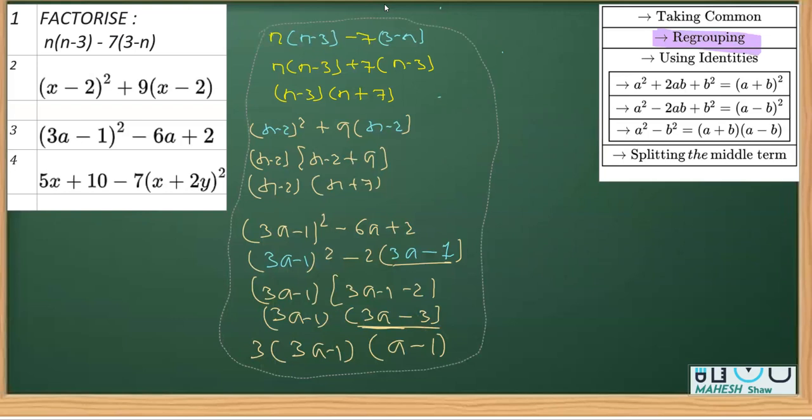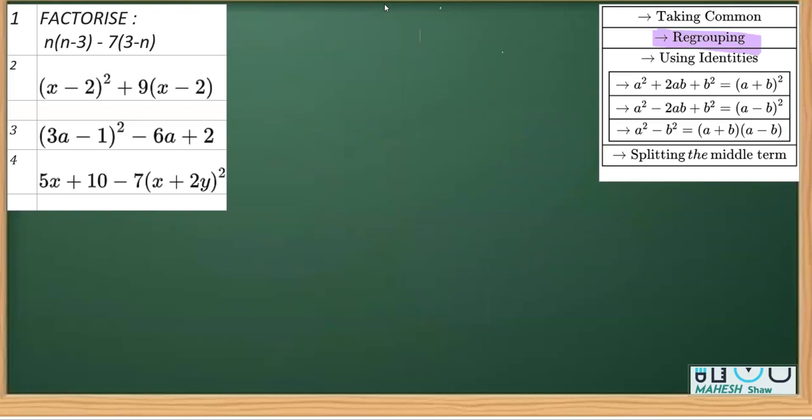And now coming to the final part. The fourth part, we have this question as 5x + 10y − 7(x + 2y)². Now we need to focus on this part.